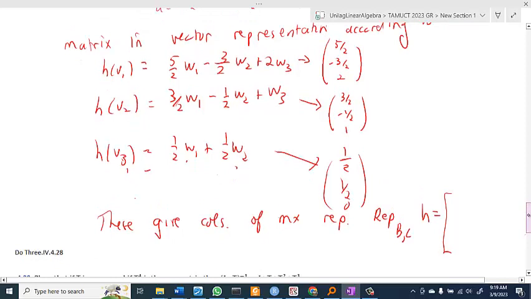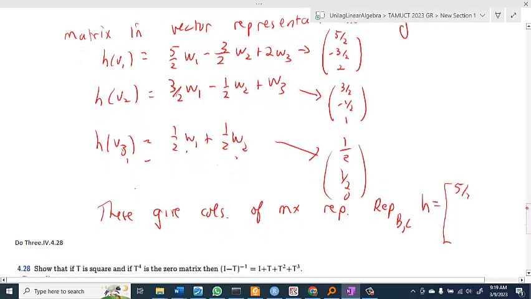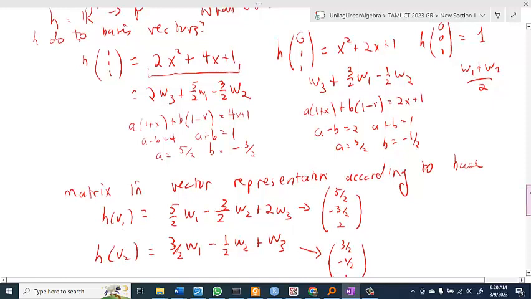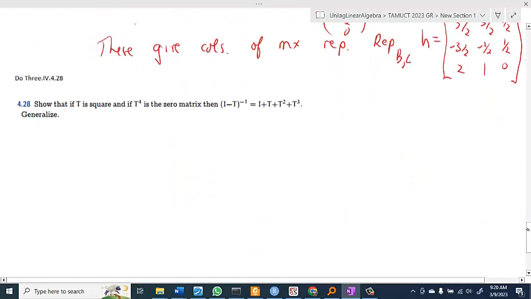First column was 5 halves, minus 3 halves, 2. Second column, 3 halves, minus 1 half, 1. Third column, 1 half, 1 half, 0. Now I'm doing this very quickly, and I didn't look at the answer beforehand, so if it's wrong, it just means that I made some calculation mistake. The method is correct.